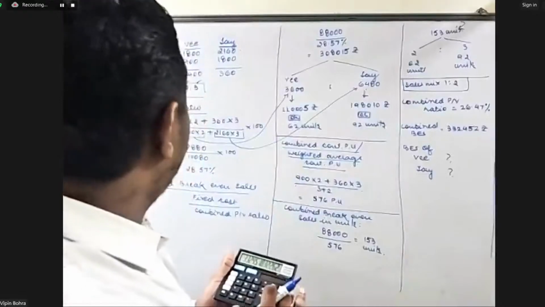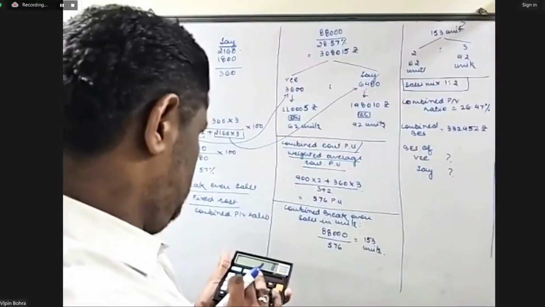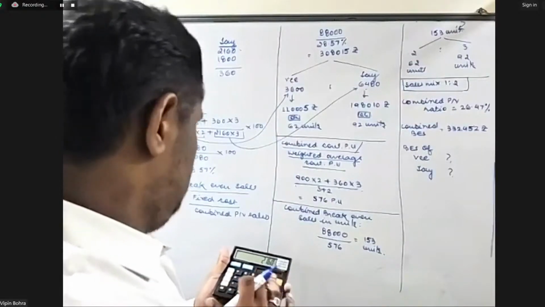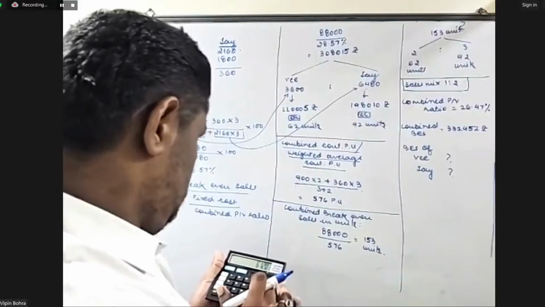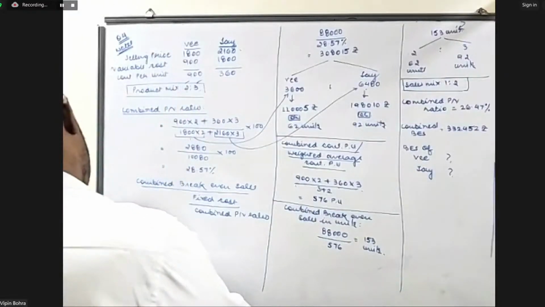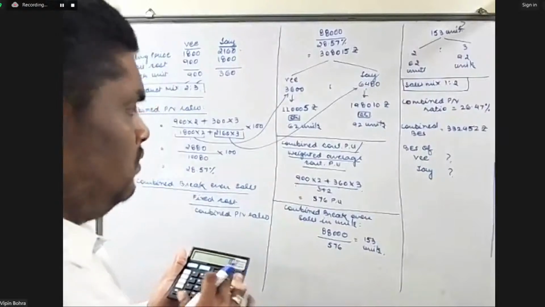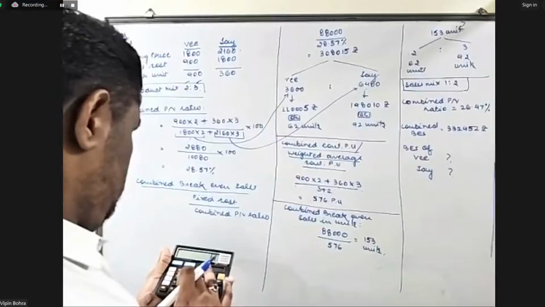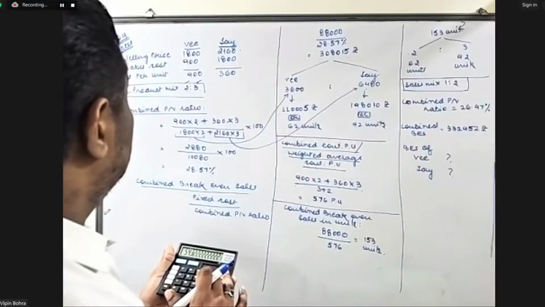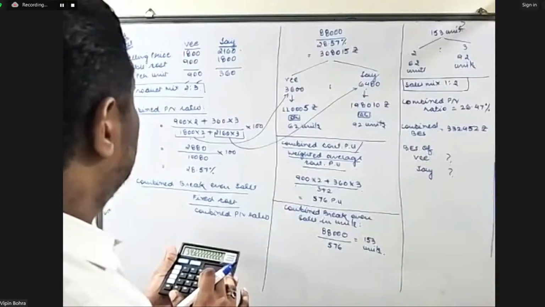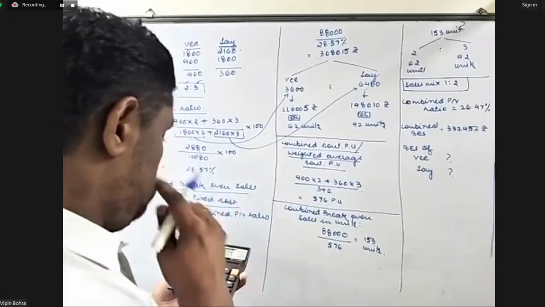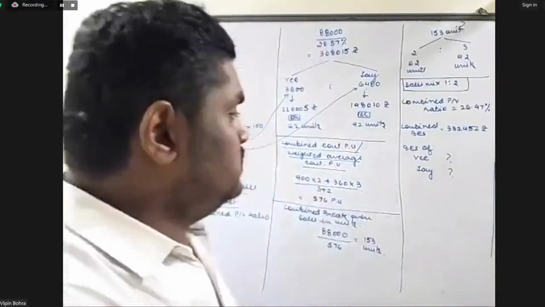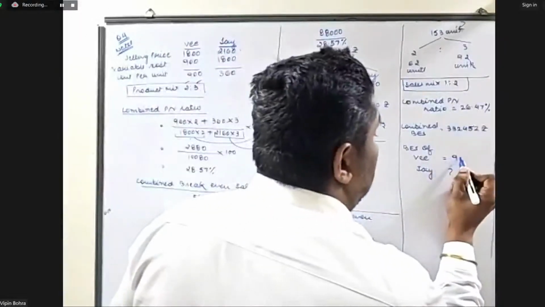Further, the break-even sales of V and J will be 97780.